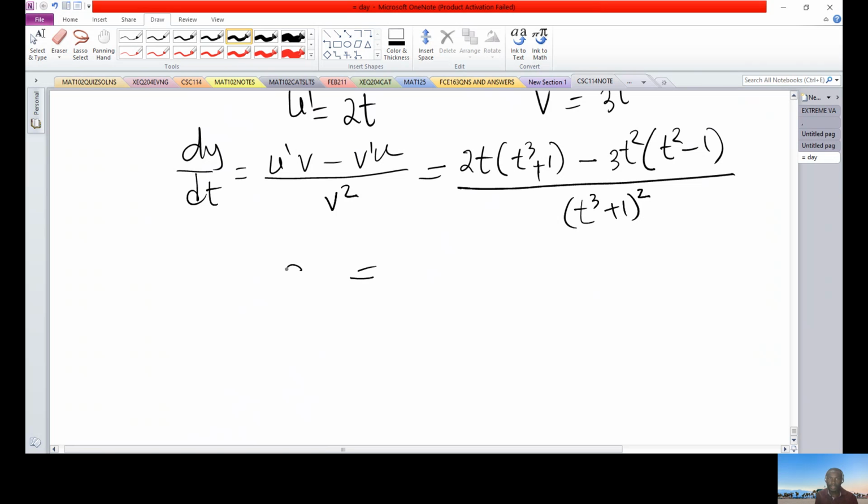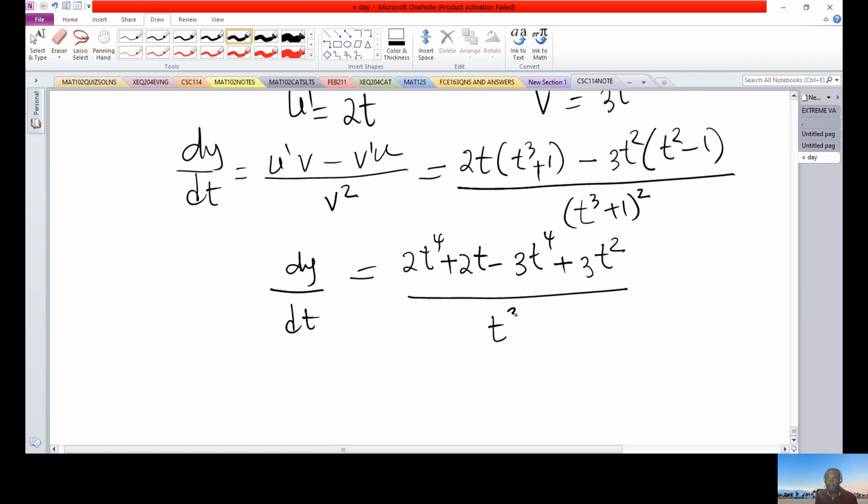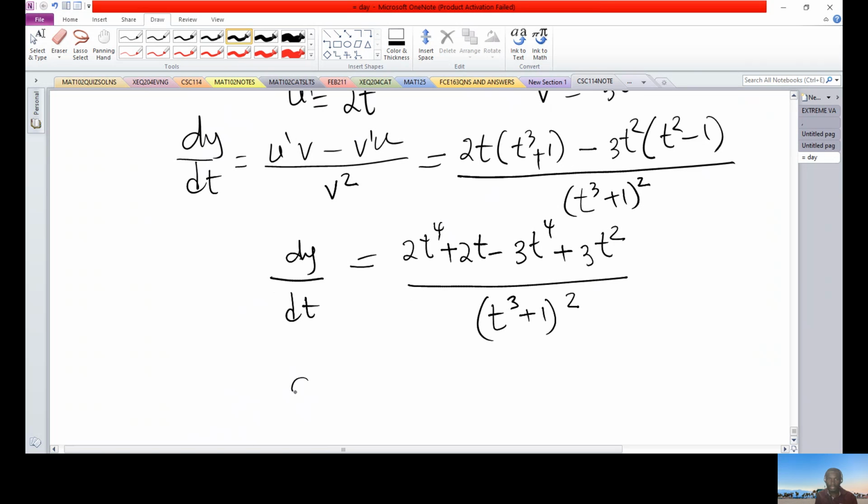So when you open, you get dy/dt will be (2t^4 + 2t - 3t^4 + 3t squared) divided by (t cubed + 1) squared. Collecting like terms, you have dy/dt equals (-t^4 + 3t squared + 2t) over (t cubed + 1) squared, because 2 minus 3 is minus 1.